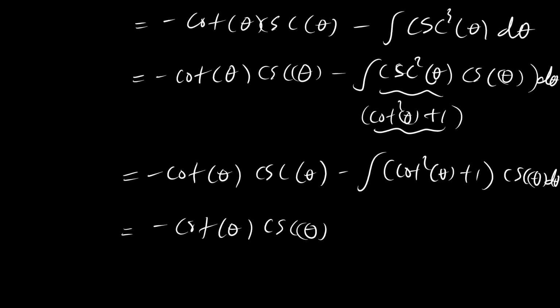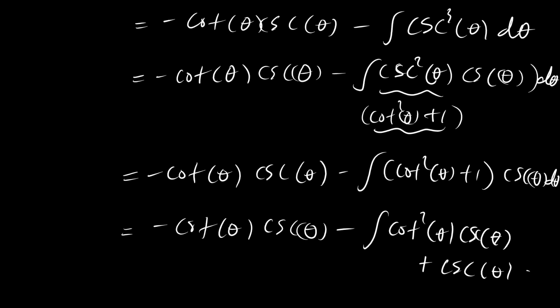and so we have cot squared theta, cosec theta, plus cosec theta d theta.